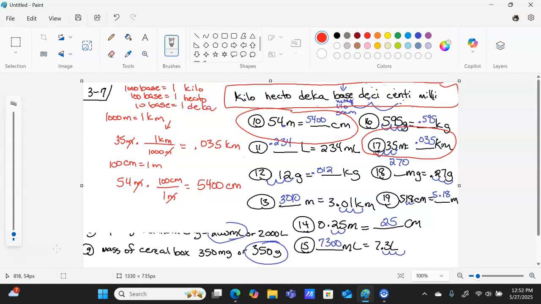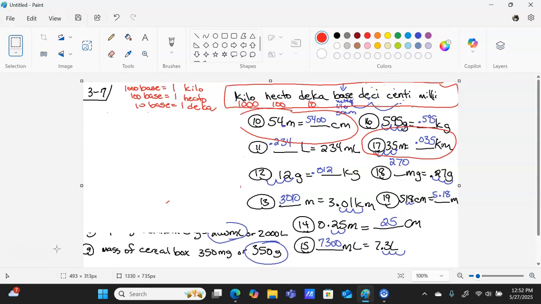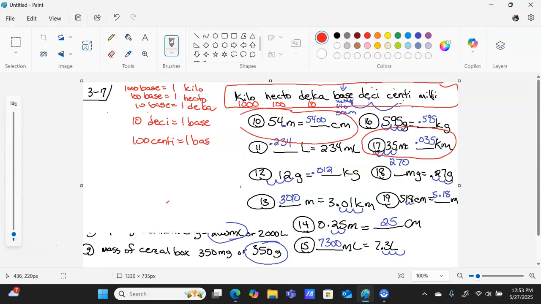So these are bigger. Deca is 10 times bigger than the base, hecto is 100 times bigger than the base, and kilo is 1,000 times bigger. And then these are smaller. The relationship here is, let me clear some space, that 10 deci equals 1 base, 100 centi equals 1 base, and 1,000 milli equals 1 base.